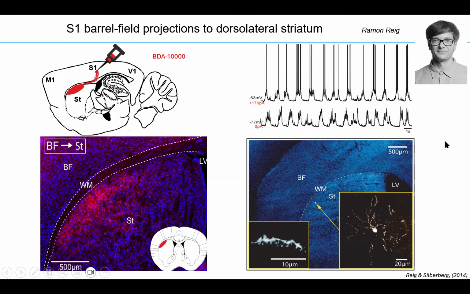So when you do the normal ketamine anesthetic, you have these typical slow waves that are typical also of slow wave sleep, very sub hertz up and down states, and this is how an MSN, a normal medium spiny neuron in the striatum looks like.